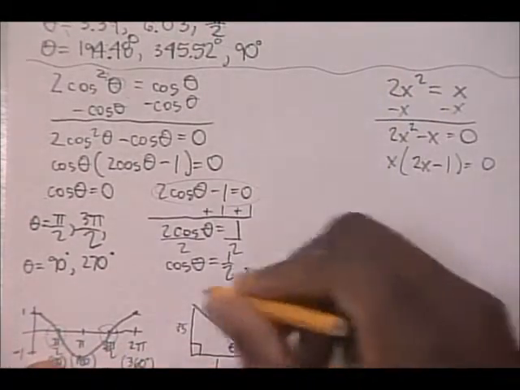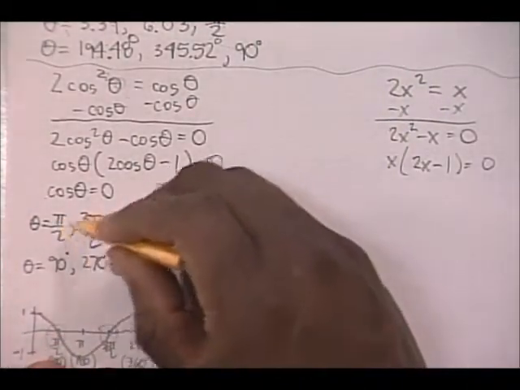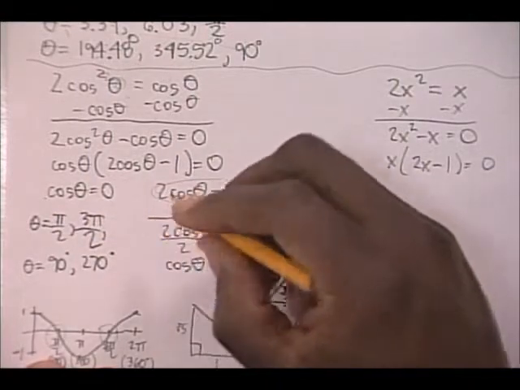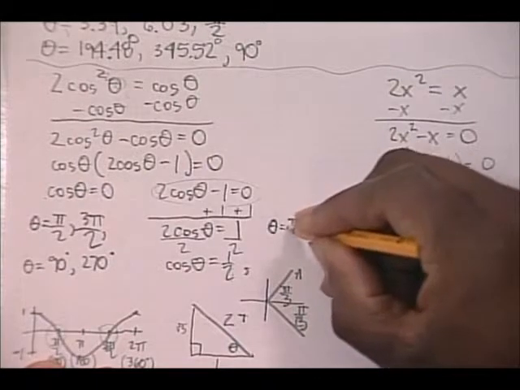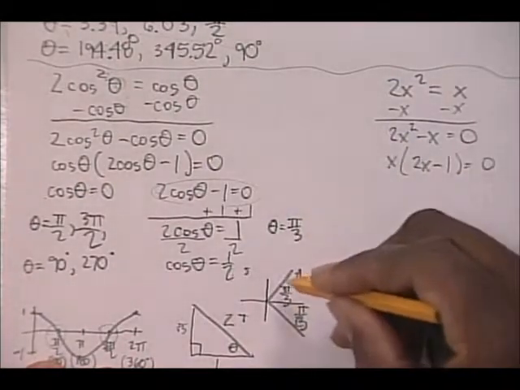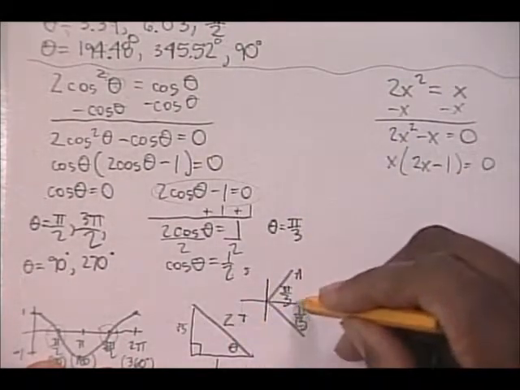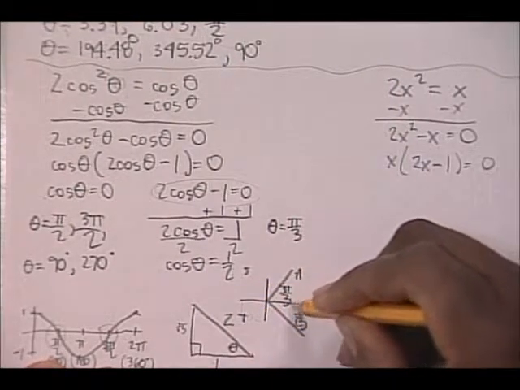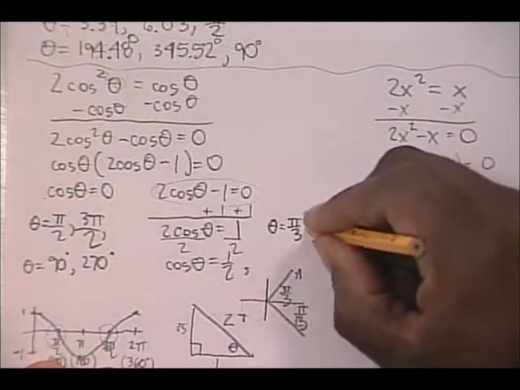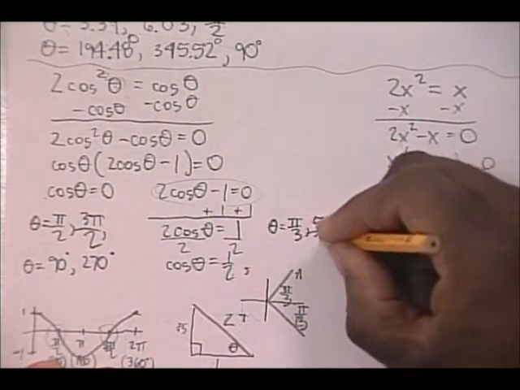So your answer would be, in addition to pi over 2 and 3 pi over 2, your answer would also be theta is pi over 3. It's pi over 3, and this is 6 pi over 3. Another way to say 2 pi is 6 pi over 3. Go back pi over 3 to get 5 pi over 3.